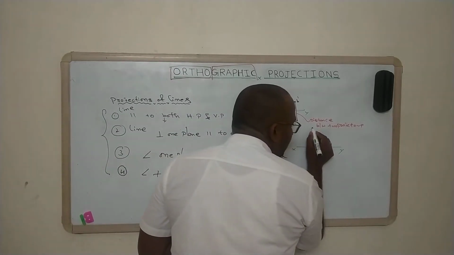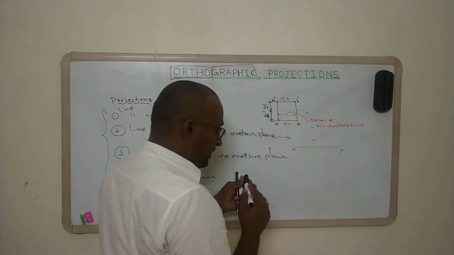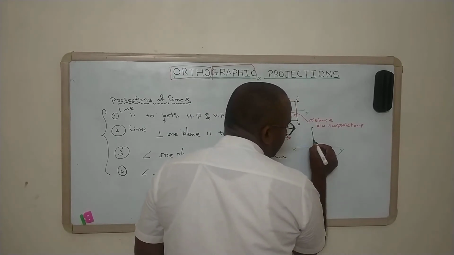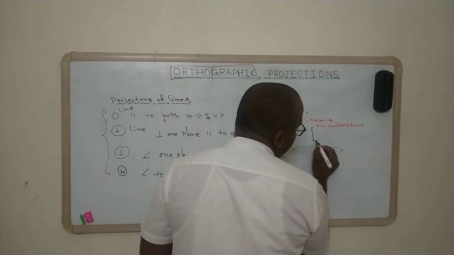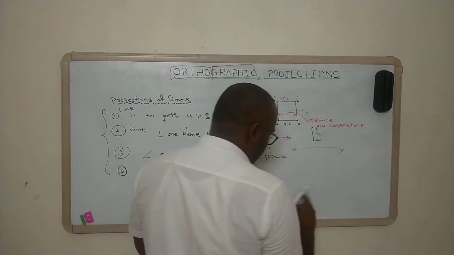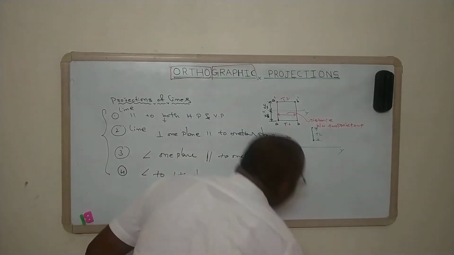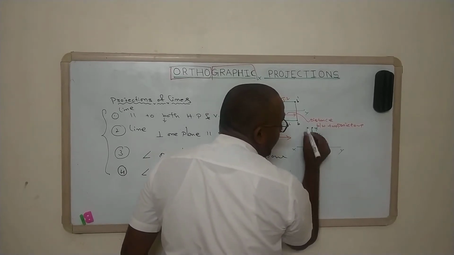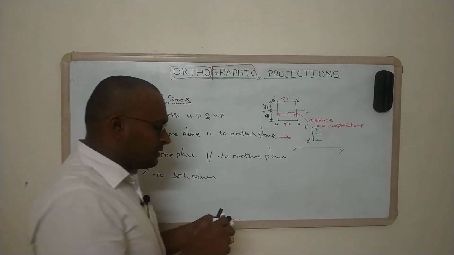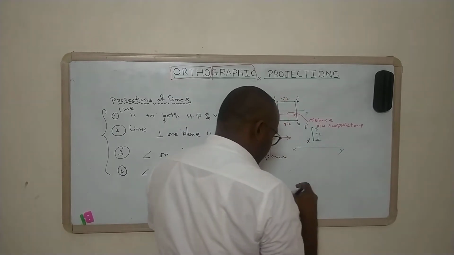So here initially A dash, B dash, and that could be the true length of the line. From here to here it is the true length, and these two will be A dash, B dash. Then we need to project the plane downwards through a projector.